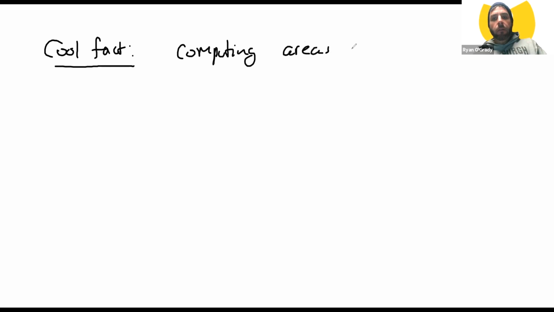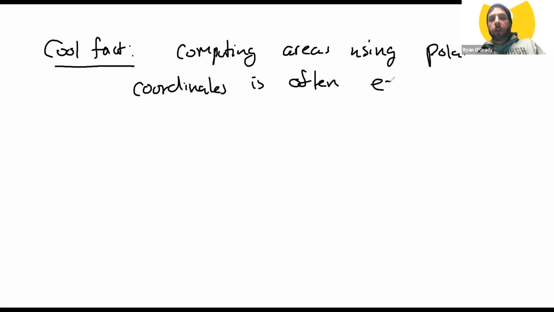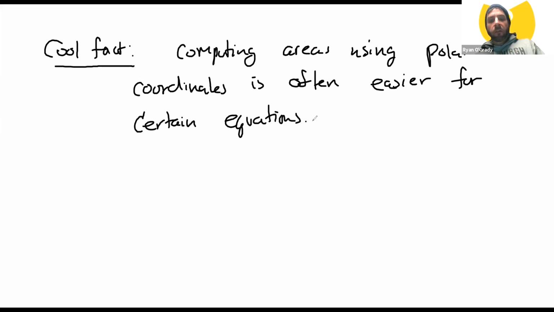Computing areas using polar coordinates is often easier for certain equations. So what I mean by that is, depending on the curve that you're dealing with, it's oftentimes easier to describe it using polar coordinates, and then computing area turns out to sometimes not be as bad.